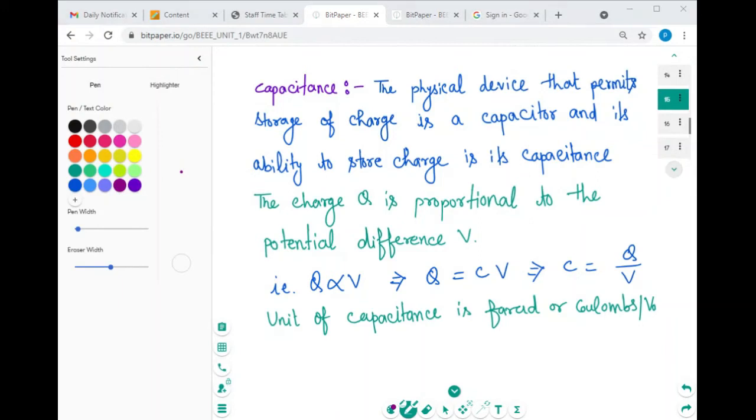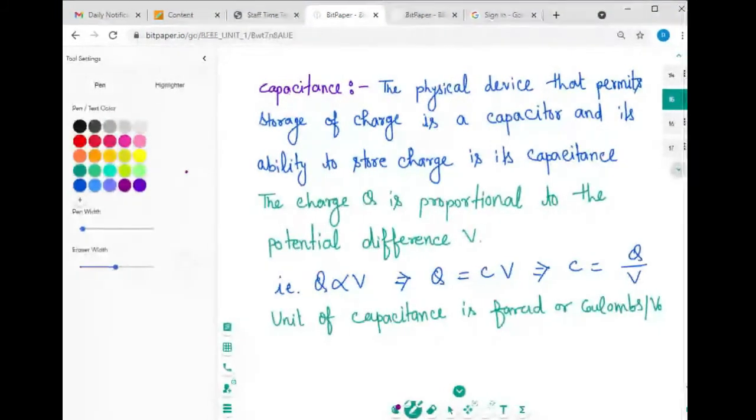These are the definitions of basic components like capacitor, resistance, and inductors, and how we will derive different expressions and formulas from these basic components.